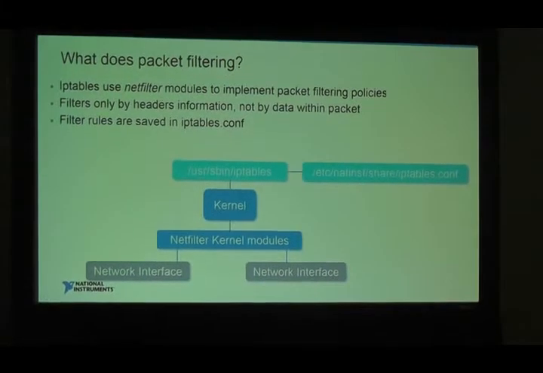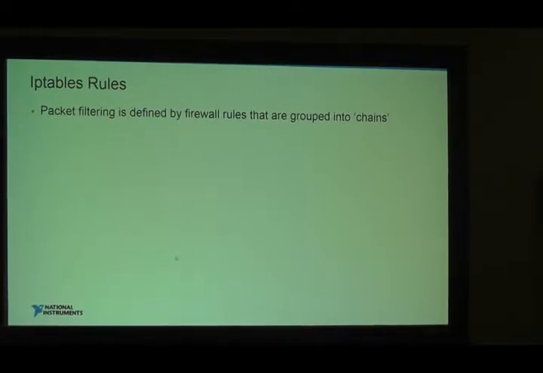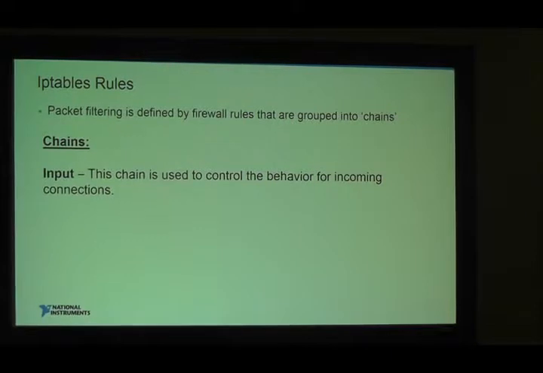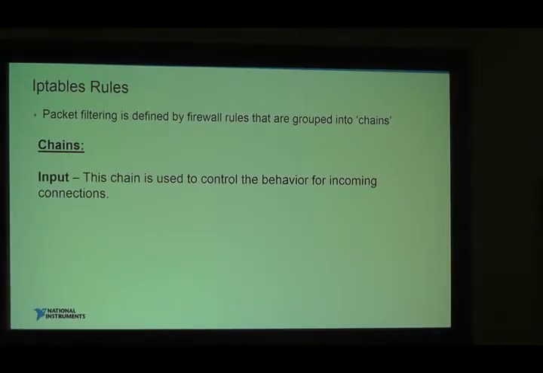So let's look at some of the rules that we can add to our firewall for Iptables. All the different rules, as I mentioned, are classified into 3 chains. There's the input chain for incoming connections. Let's say you SSH into your Linux target, or somebody accesses a web page on your CompactRIO or a Linux system.